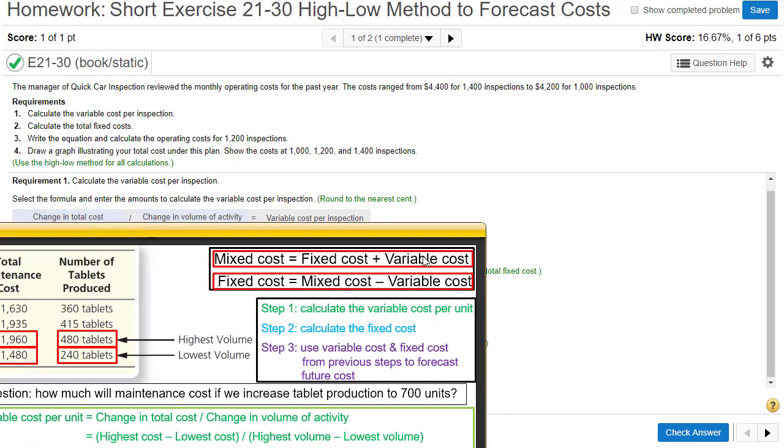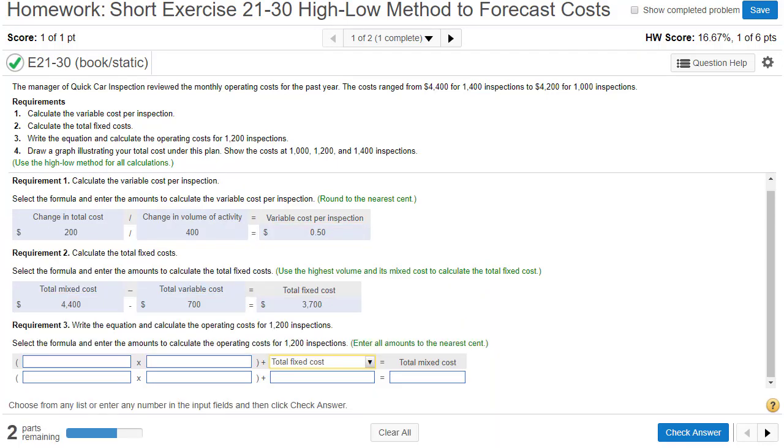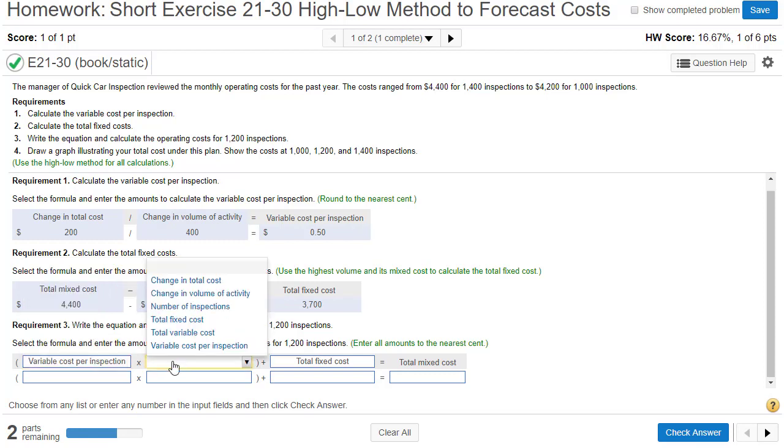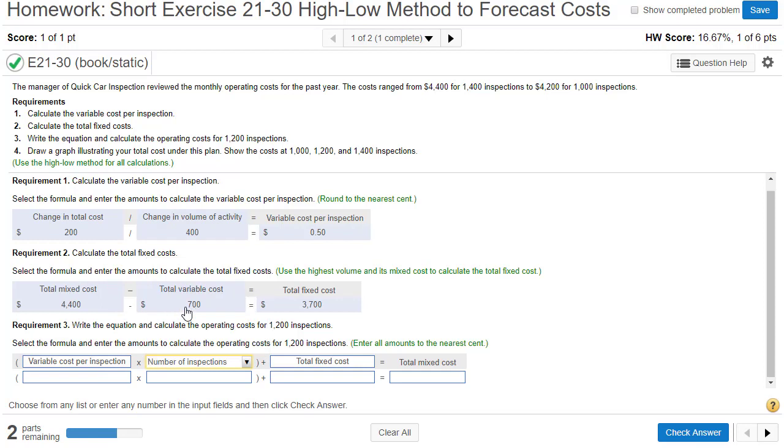Now we have to figure out how to calculate the variable cost. Well, the variable cost is just the variable cost per inspection times the number of inspections. And that makes sense. Total mixed cost equals our fixed cost plus our variable cost, and our variable cost is the number of units, in this case inspections, times the variable cost per inspection.